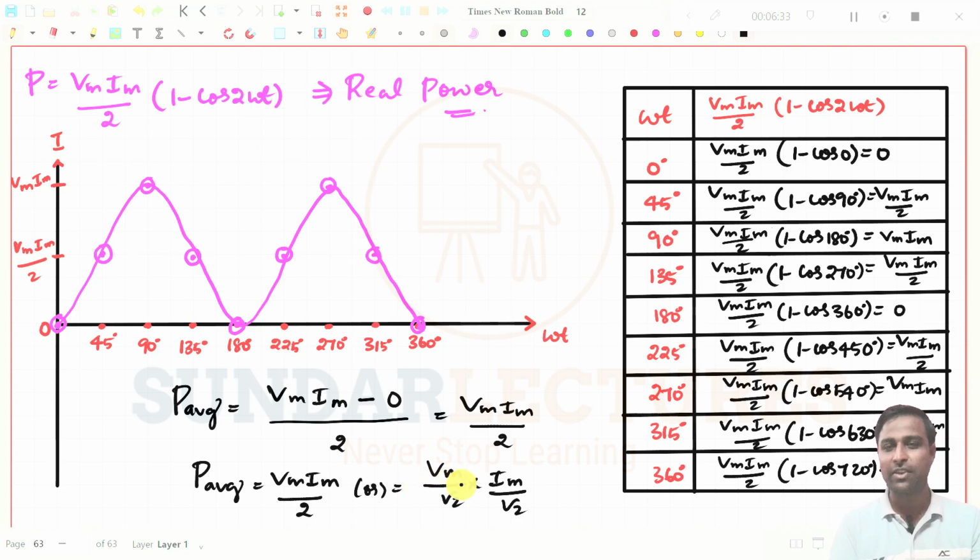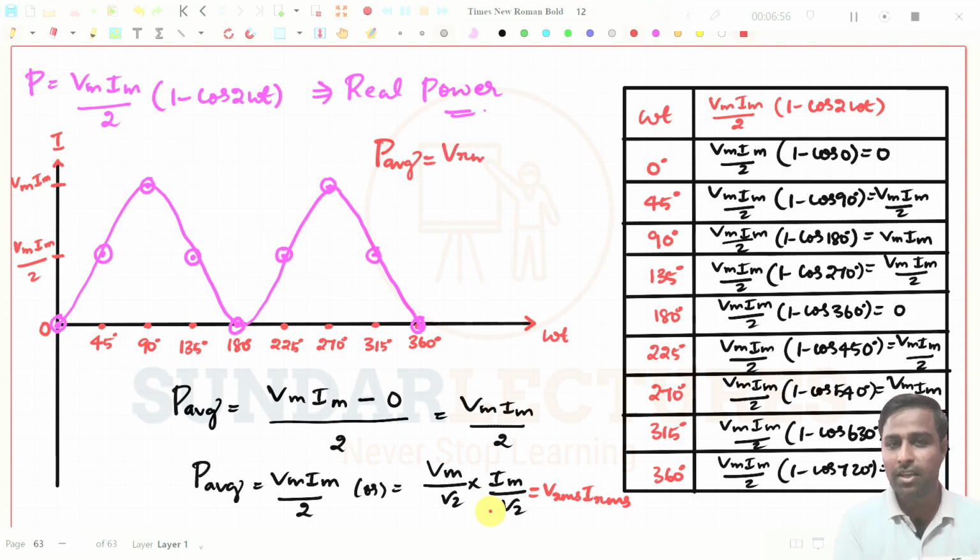RMS value is nothing but maximum value by root 2. So how can I write this expression now? It is simple. This should be equal to VRMS into IRMS. So P average is equal to VRMS into IRMS.